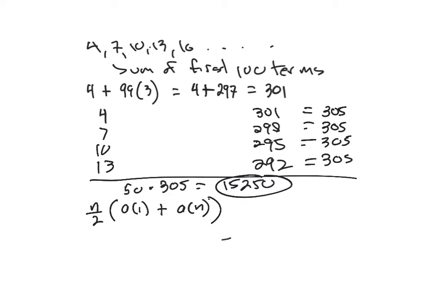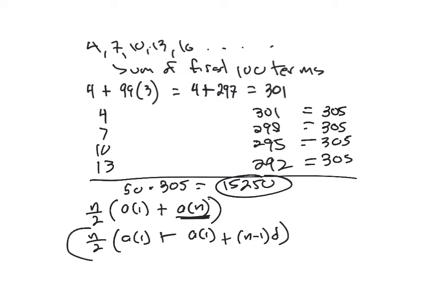Well, we can then go further and say n over 2 times a sub 1 plus, and now to get an expression for this, we know that it's got to be equal to a sub 1 plus n minus 1 times d, where d is the common difference. And so really, in a nutshell, that is the formula for the sum of an arithmetic sequence.